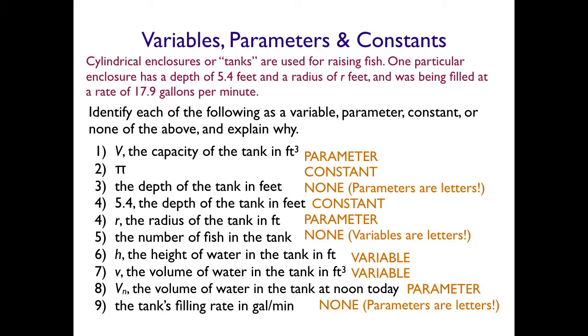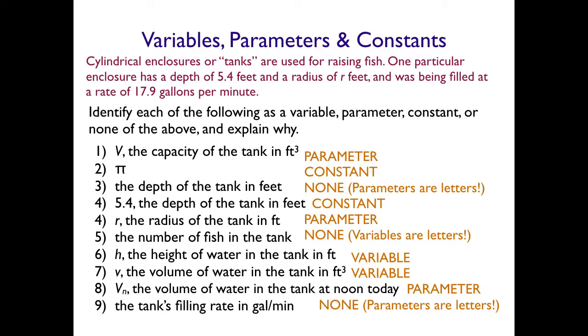So, I'm sorry, why is the first 4 a constant, not a parameter? Because couldn't in another problem the depth of the tank be 7 feet? So number 3, if I put a symbol in front of that, like Q, the depth of the tank in feet, I would call that a parameter. But 5.4 isn't going to be a parameter because I could change the depth of the tank from question to question, but I can't change 5.4 from question to question.